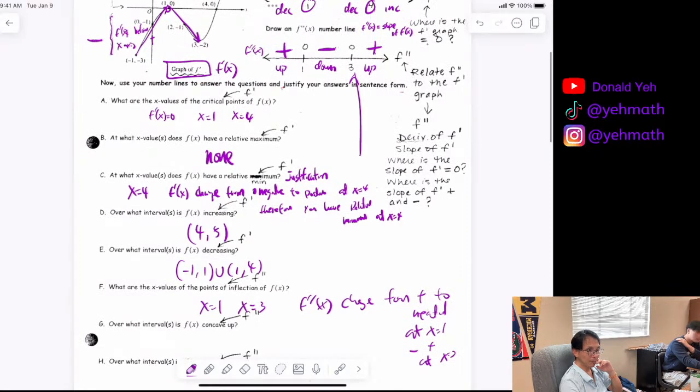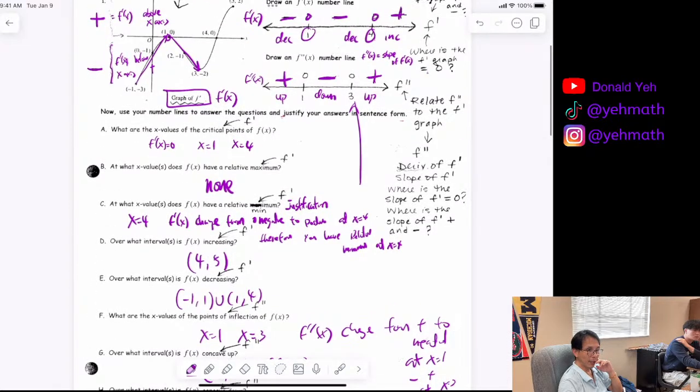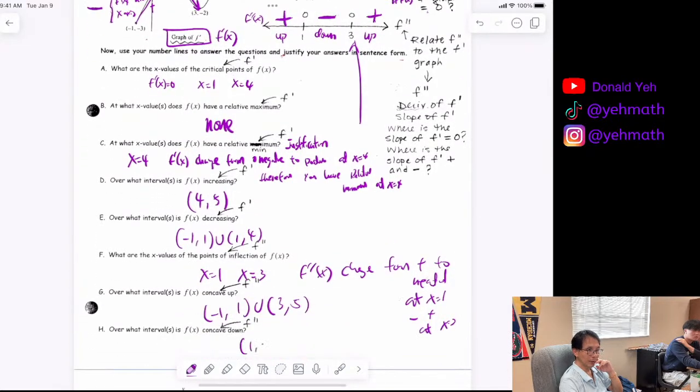When it's concave up, negative 1 to 1, union 3 to 5. And concave down, it's going to be 1 to 3.